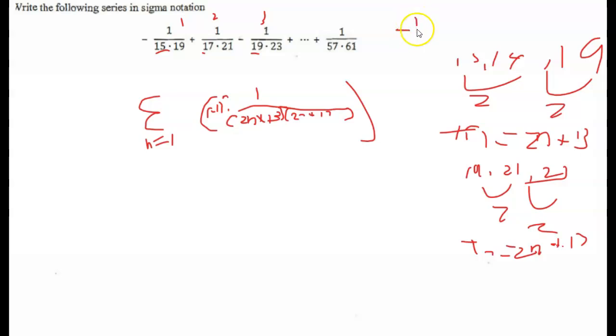If I put n equals 1, that'll be minus 1 times whatever number, so you get minus x. Then 1 becomes 2, and minus 1 squared is 1. So the next one will be x, then minus x, then x, then minus x. That is why, when you put 1 in the equation, it gives you minus this whole thing. So anytime you get alternating signs, you put minus 1 to the power of n.